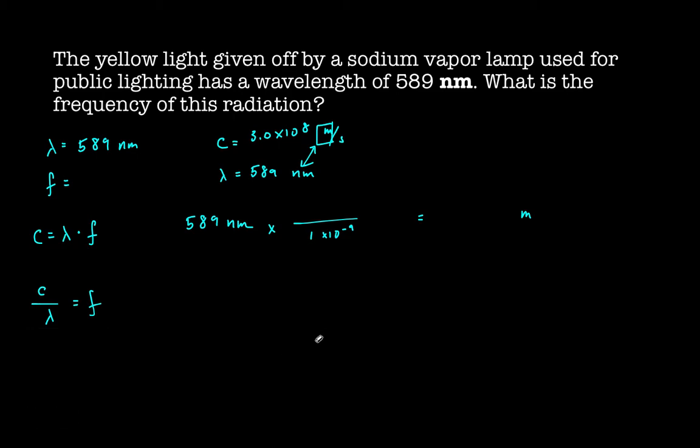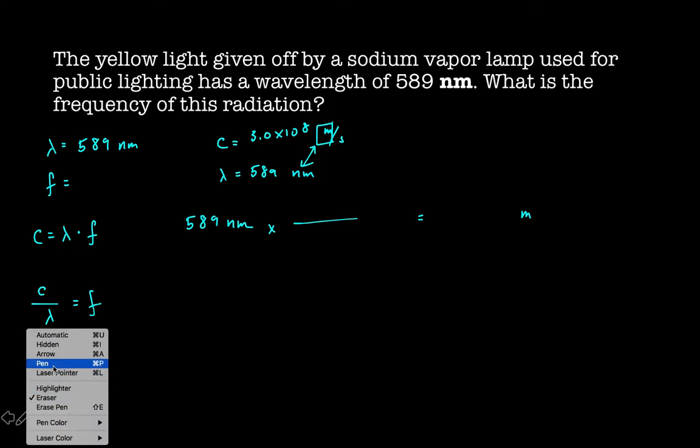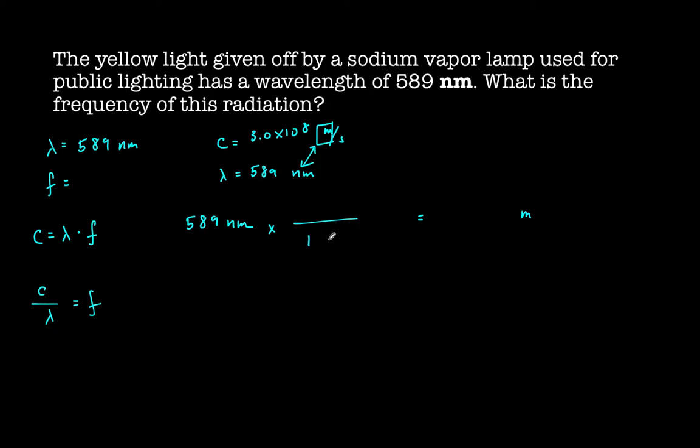I should have written my units first, because I need 1 nanometer down at the bottom and 1 times 10 to the negative 9th meters up at the top, so that my units cancel. That way, I have 589 times 10 to the negative 9th meters. That's all nano means, and it makes it so much easier to work with.